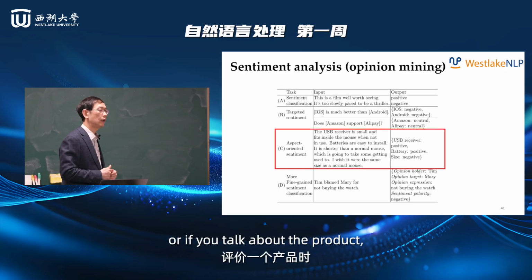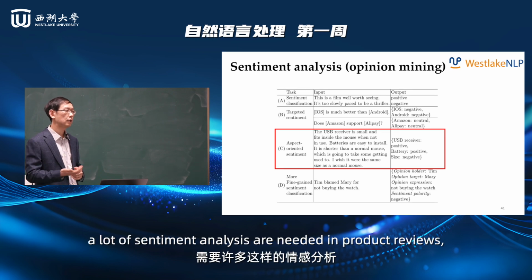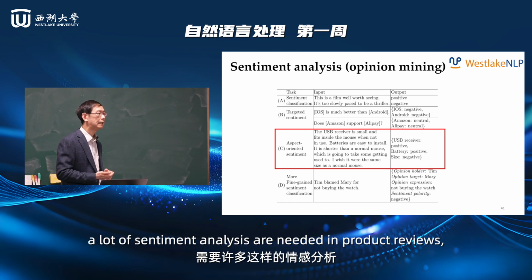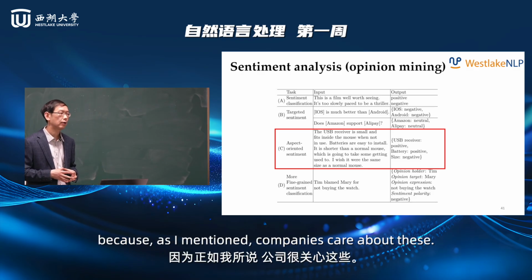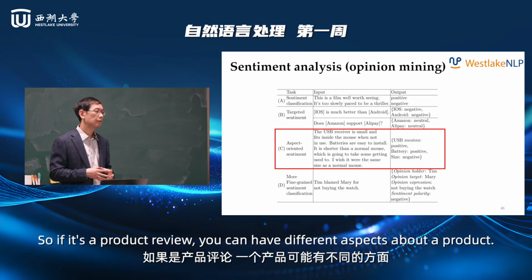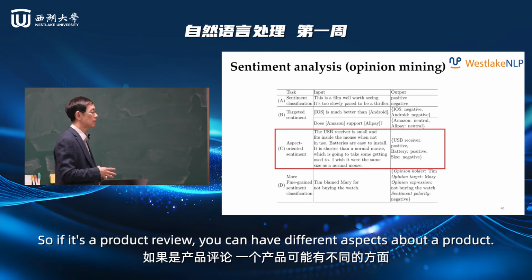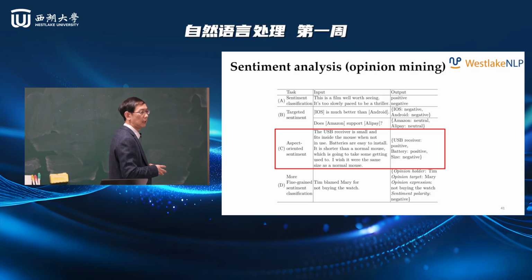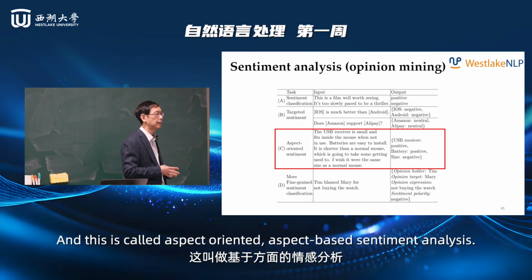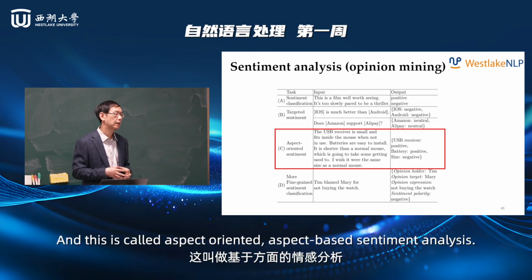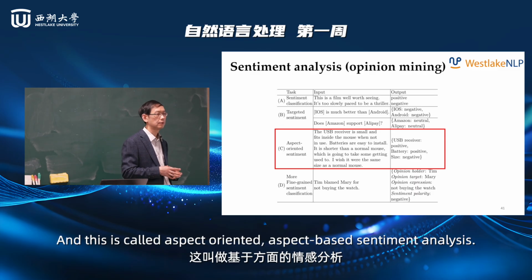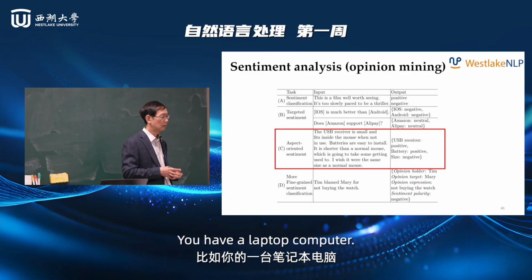If you talk about a product, a lot of sentiment analysis is needed in product reviews because, as I mentioned, companies care about these. In a product review, you can have different aspects about a product, and this is called aspect-based sentiment analysis. Say you have a laptop computer.